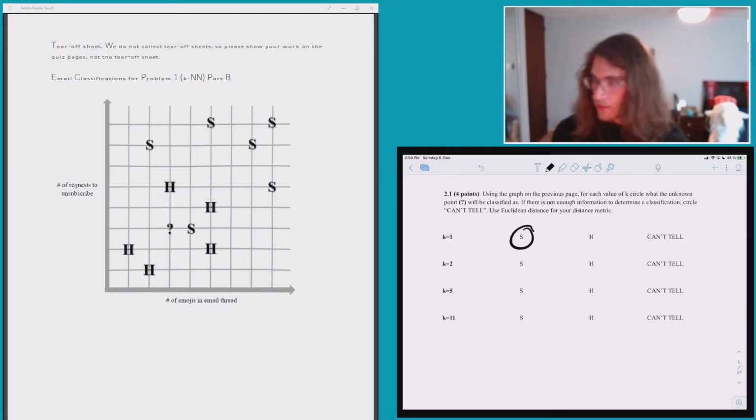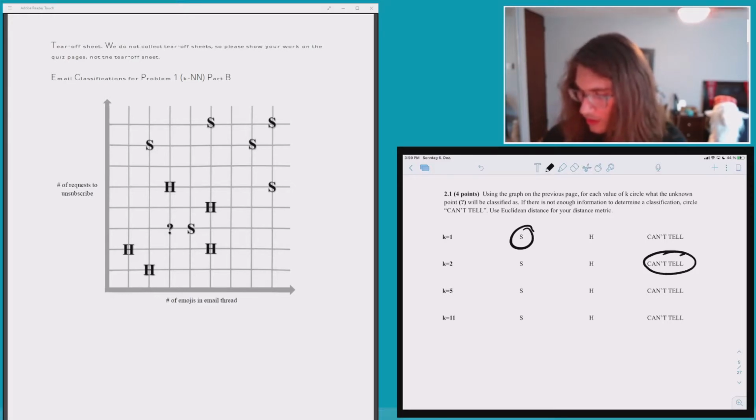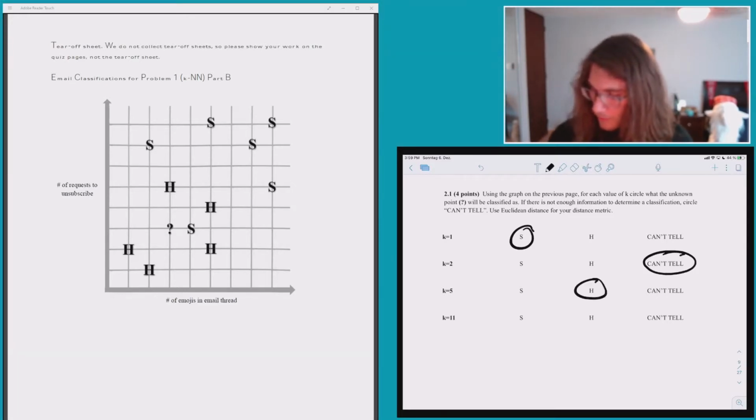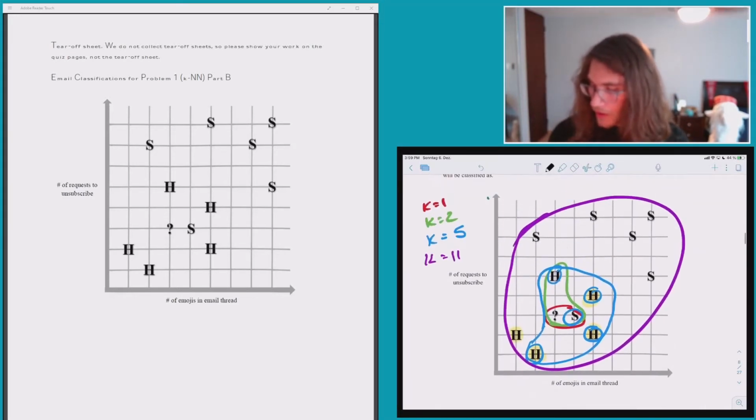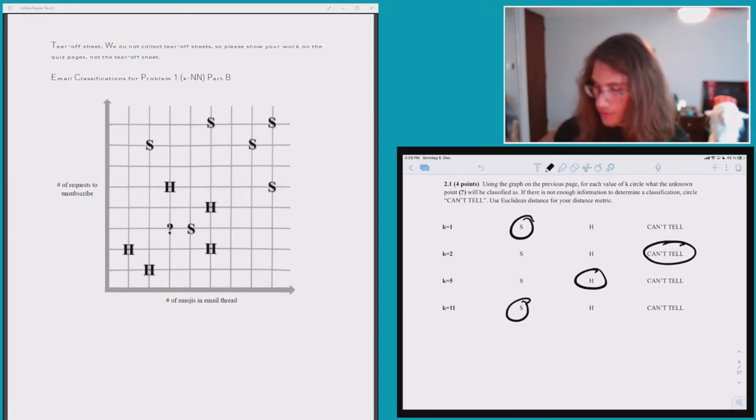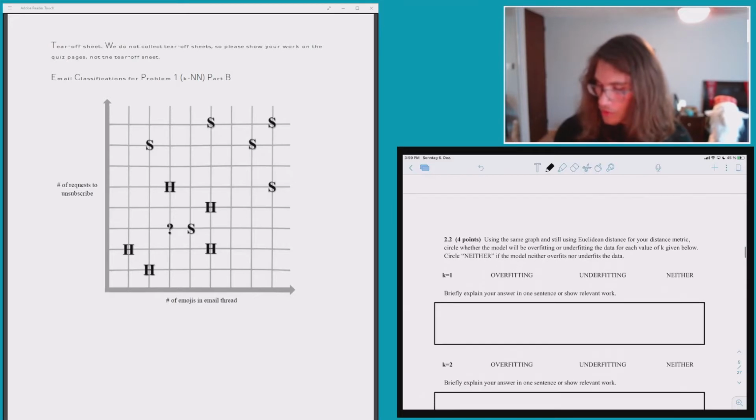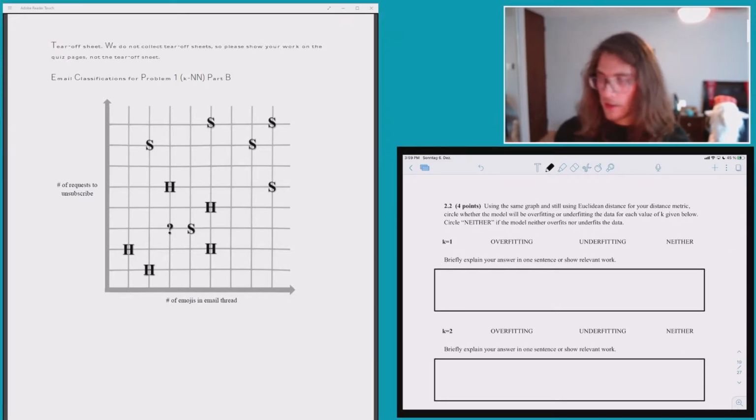So k equals 1 is S. Then for 2, I had S and H as nearest neighbors, which means I couldn't tell because there was an equal number of both. There are more H's than S's within a k equals 5 range of the mysterious point. And in total, because I circled the entire space, I just have to count: 1, 2, 3, 4, 5 S's. Did I count that right? 6 S's and 5 H's. So this is S. And now we're going to be asked to determine whether that was overfitting or underfitting.